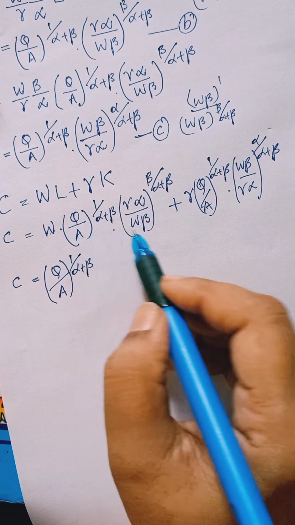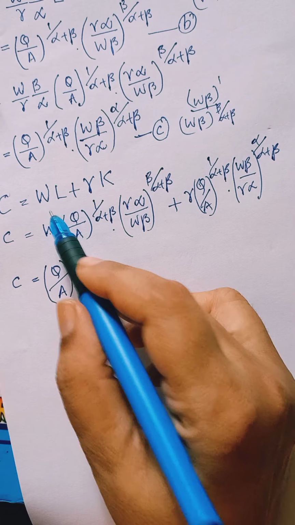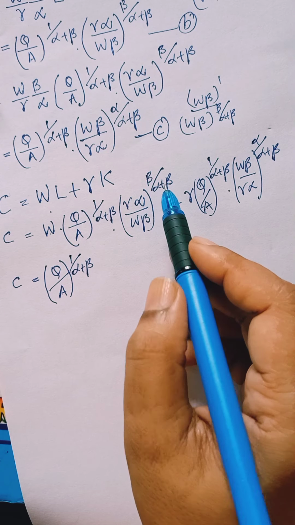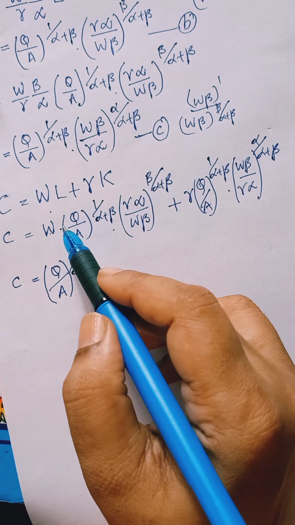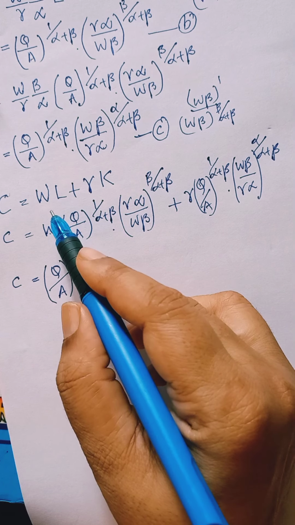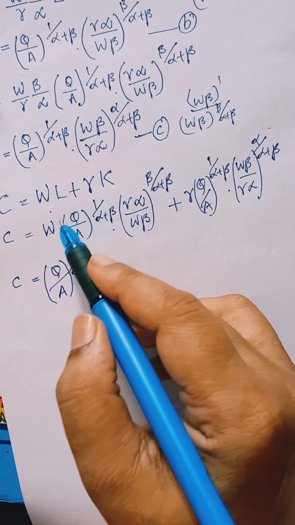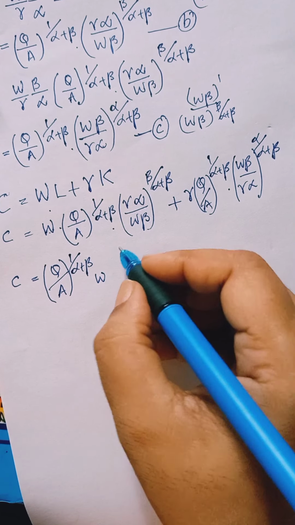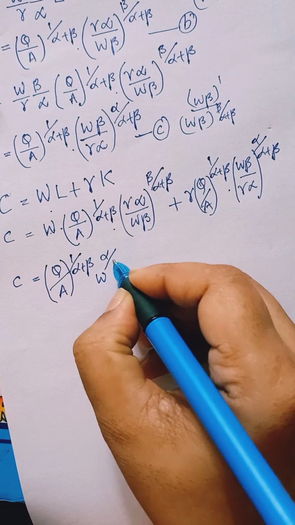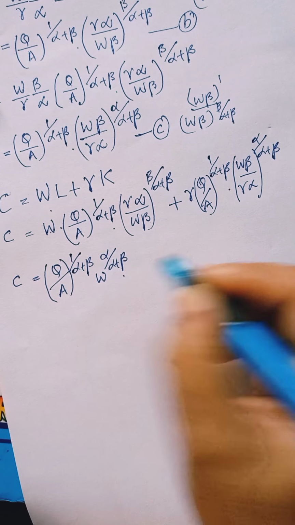Then we can solve W raised to 1 and W raised to beta by alpha plus beta. Then what is remaining there? That is alpha plus beta minus beta. Then we will get W with the power alpha by alpha plus beta.